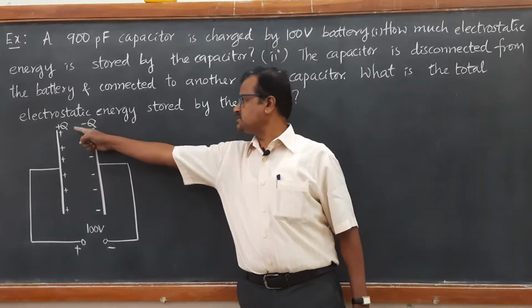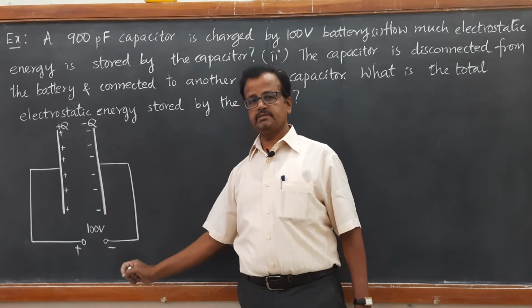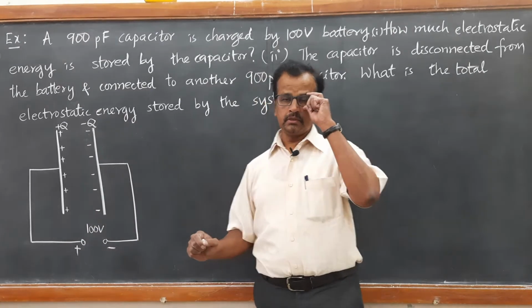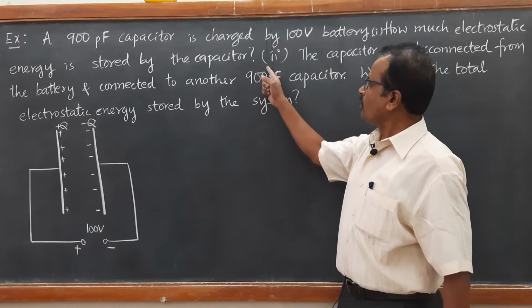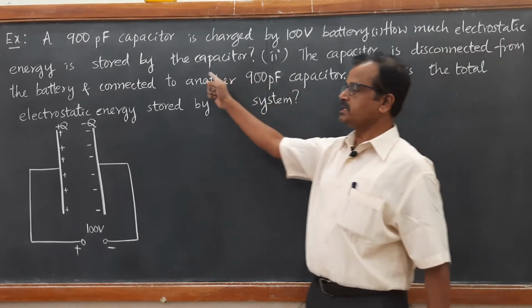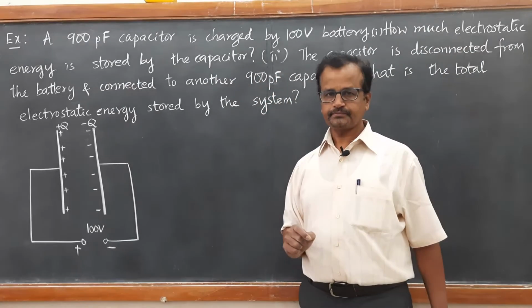Let us say plus Q and minus Q are the charges stored here for a voltage of 100 volts. The question is, how much electrostatic energy is stored by the capacitor? This is the first question.